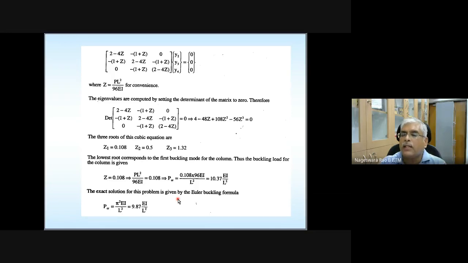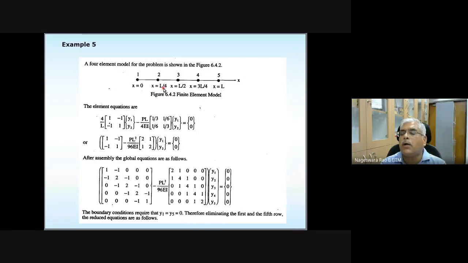Another way is, instead of using lower order elements, use higher order elements. So the next topic is, first we need to derive the shape functions for the 3-node one-dimensional finite element, and then use those shape functions to get the element equations, solve this kind of problem and see how the solution compares.